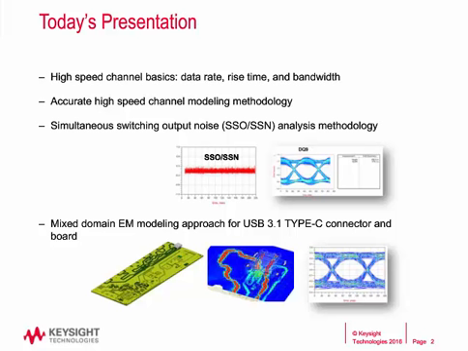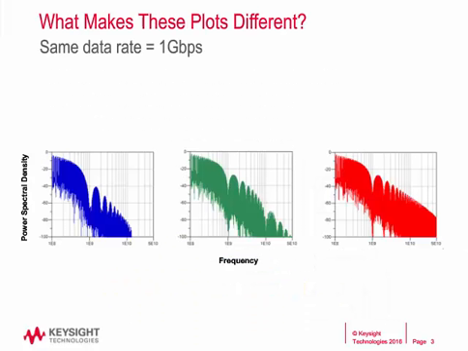The three plots in this slide are power spectral density plots of a 1 gigabit per second data rate signal. What makes them different? The answer is the rise time of the signal. Blue case runs at 1 nanosecond, green 100 picosecond, red 10 picosecond respectively.